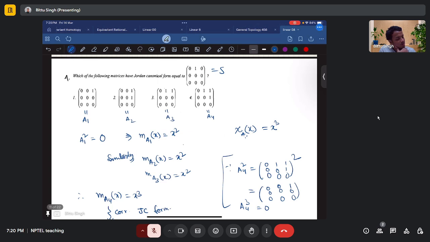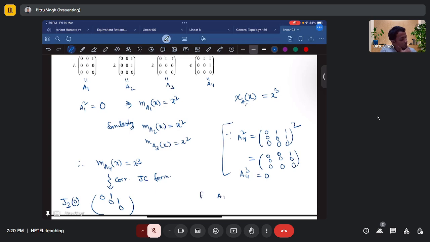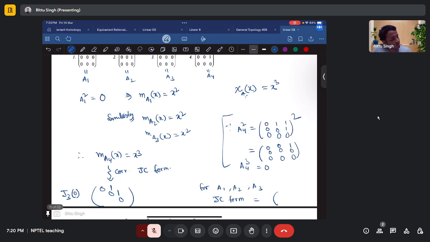And similarly for A1, A2, A3, the JC form, Jordan canonical form, will be of this form. Since the minimal polynomial of those is x squared, there exists a size two Jordan block, some J2 of 0, and the rest of the things are determined because only 2 by 2 is already filled, so there is only one vacancy.